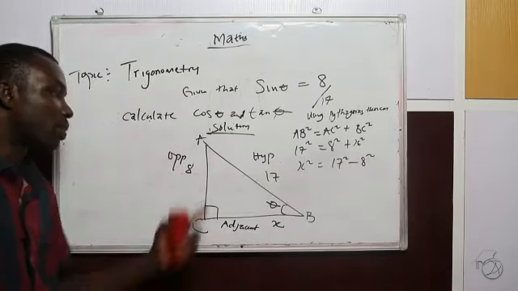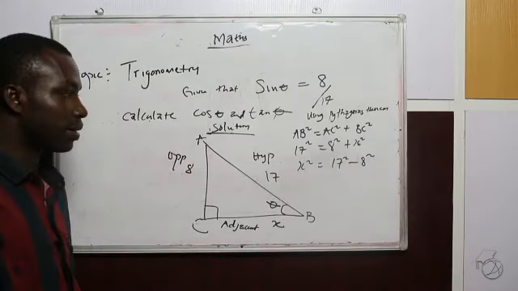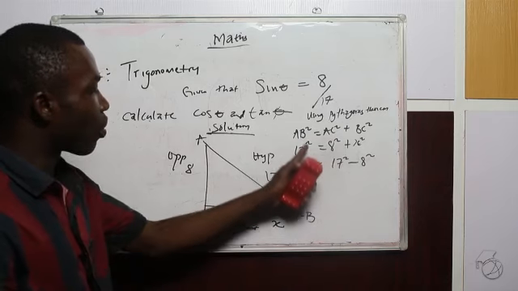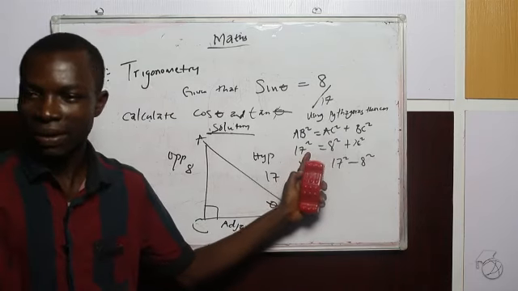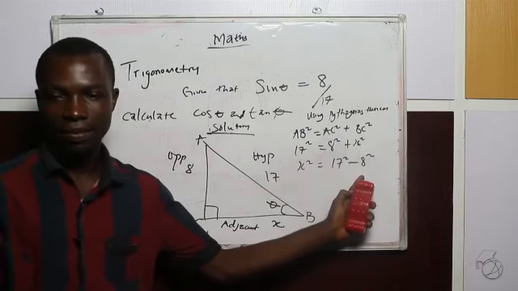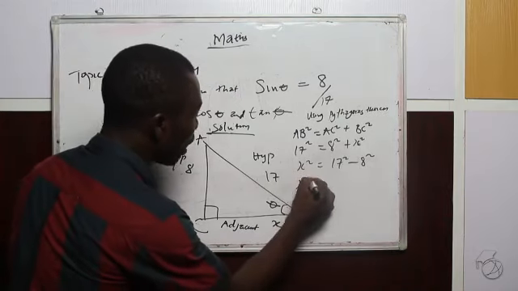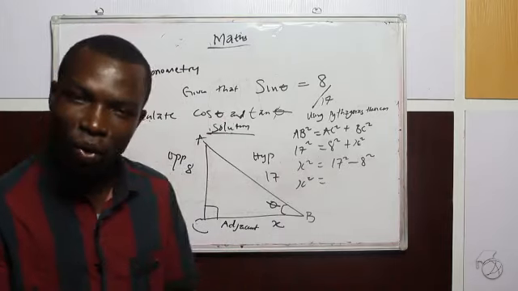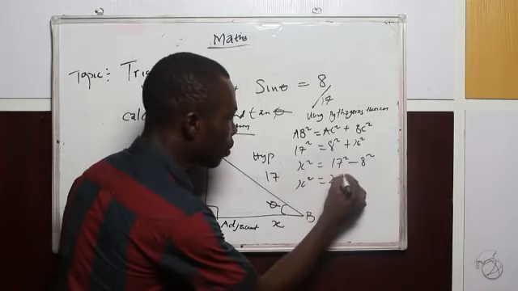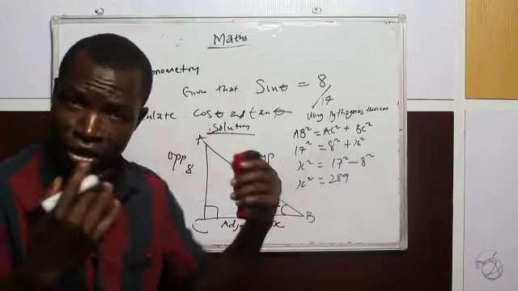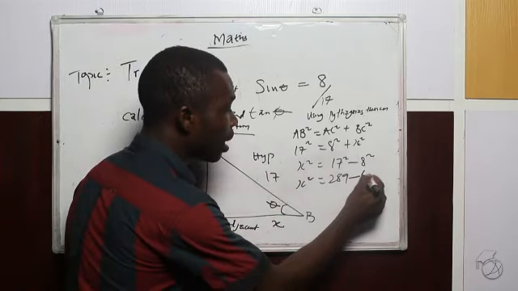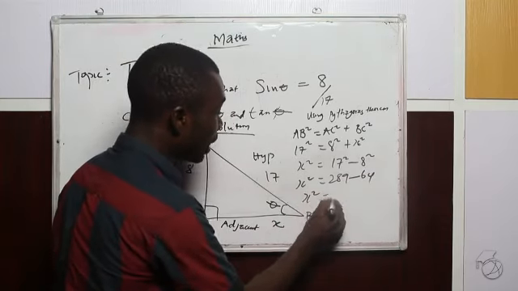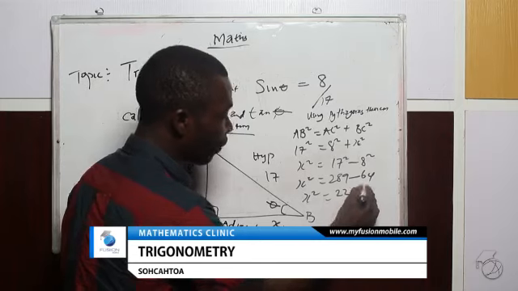Why do we use it? Because this side is the longest side, and this 8 squared will cross the equality sign and turn to minus. That's why we have minus 8 squared. Therefore, x squared is equal to, what is 17 squared? That is 17 times 17, which is equal to 289 from your calculator, if you're with your calculator, minus 64. X squared is equal to 225.